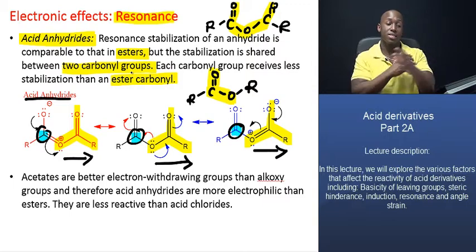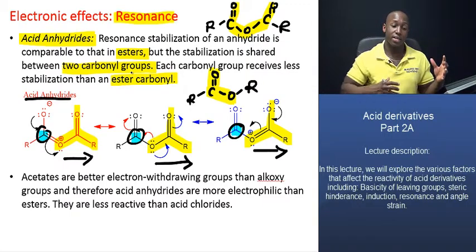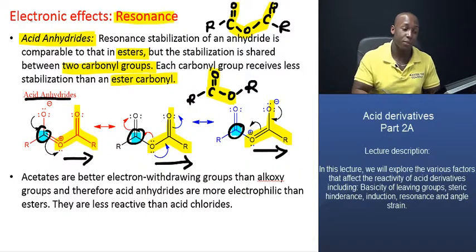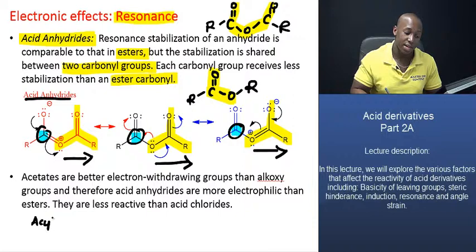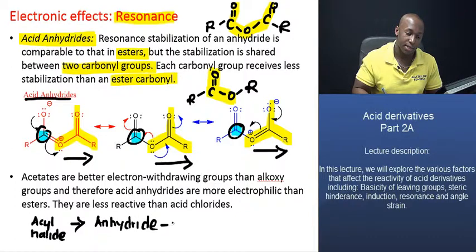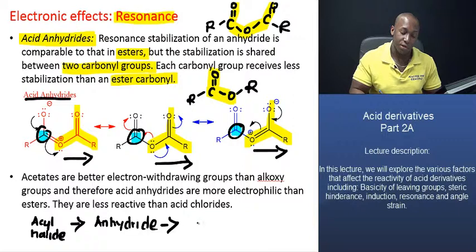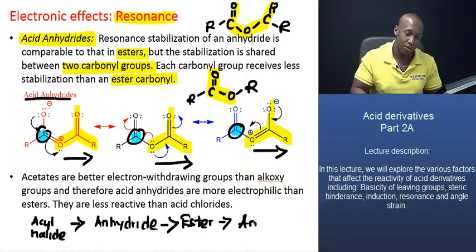So now, as you can see, putting all this information together, we're getting a rationale for the order of reactivity that we observe. So I'm just going to draw out these compounds one more time at the bottom of the screen. So we have an acyl halide, and then moving from there, we go to our anhydride, and then moving from there, we move to our ester, and then moving from there, we go to our amide.